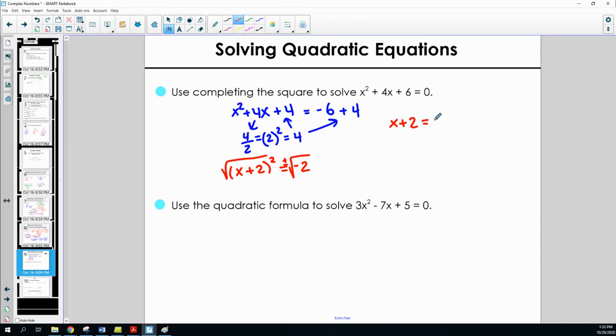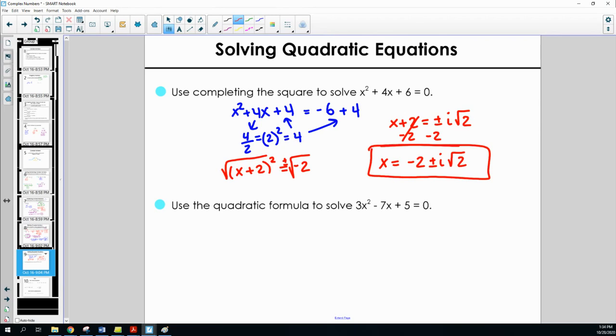Because it's a negative inside, I know I need to pull out the i, and then it becomes positive 2 on the inside. And that can't be broken down at all, so we just leave that there. Then we're going to move this 2 to the other side, so we'll subtract 2, and we end up with x is equal to -2 plus or minus i square root of 2.